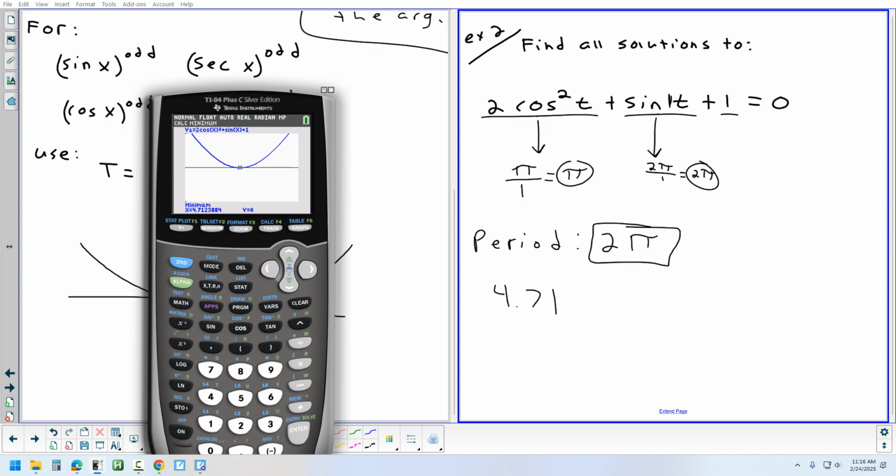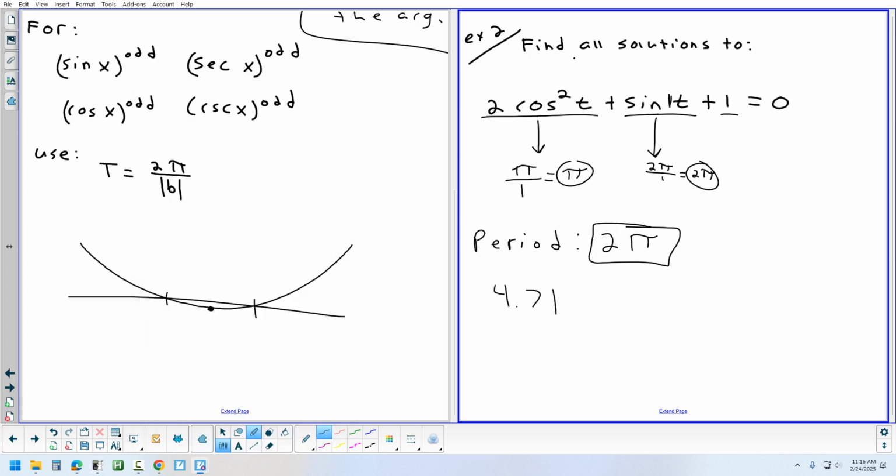All right, so that's the answer in the first cycle. How am I going to represent all solutions? Plus the period times n. That's all solutions. Any questions on that one?